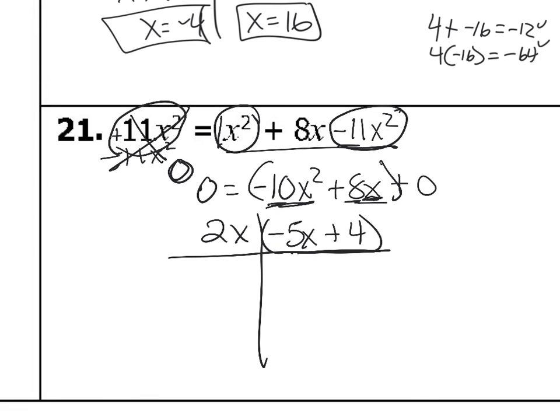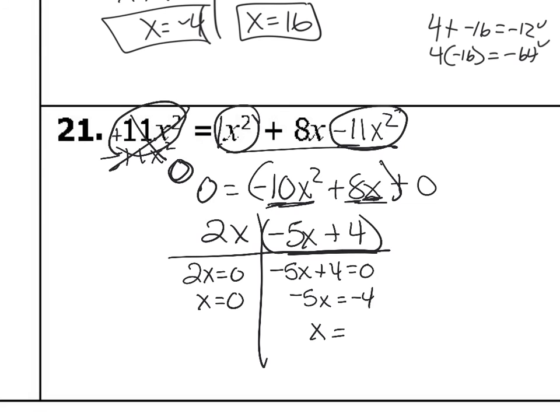I can't factor that any further. So it'd be 2x equals 0, divided by 2. 0 divided by 2 is 0. And negative 5x plus 4 equals 0. Negative 5x equals negative 4. So x equals negative divided by negative is positive 4/5.